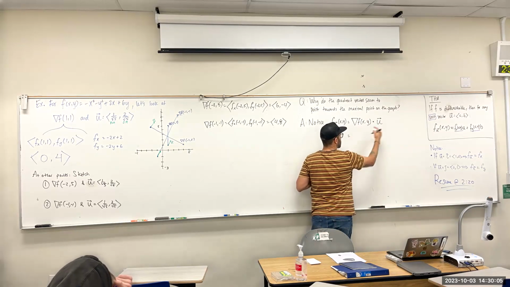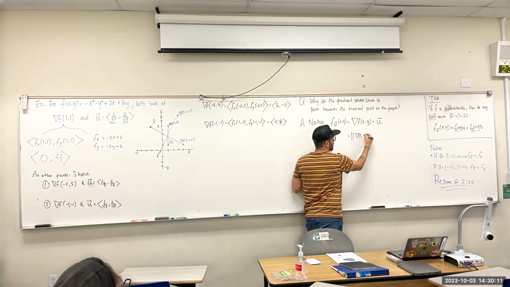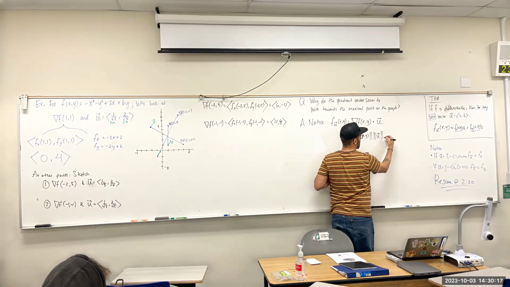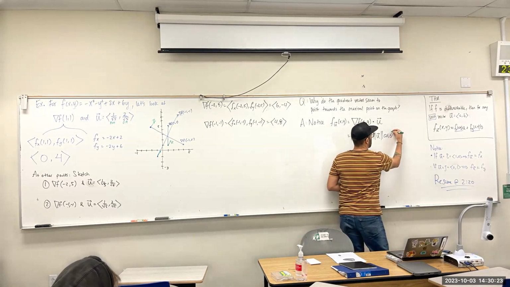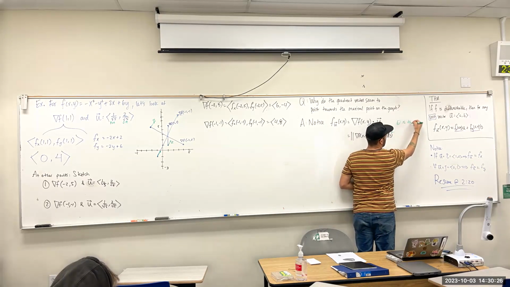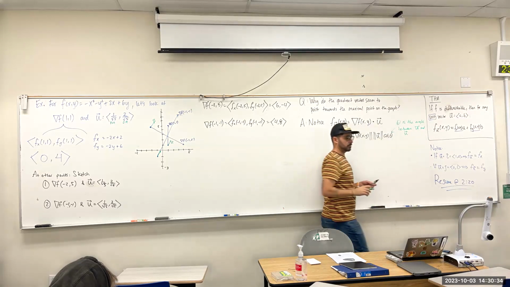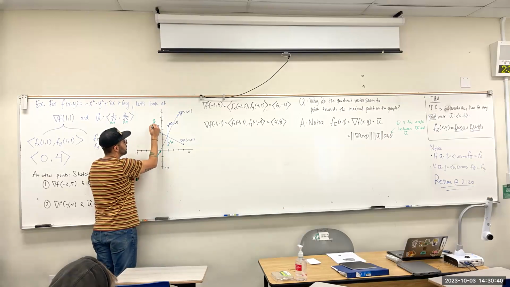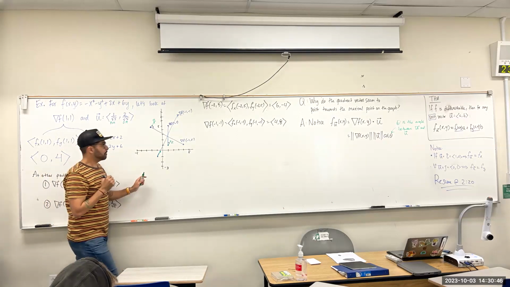This dot product should be equal to the magnitude of the gradient vector times the magnitude of the vector u times cosine theta, where theta is the angle between the gradient vector and u.